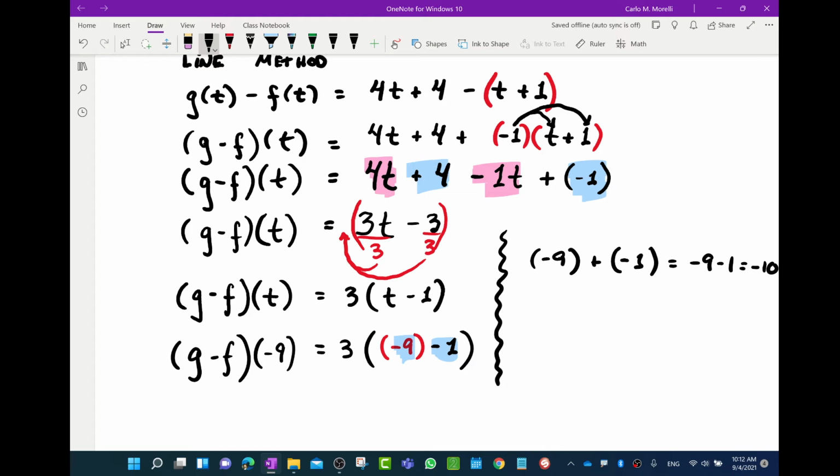I like to think that there is no such thing as subtraction. There's only the addition of negative numbers. I read that in an advanced math book one time. So we have the difference of functions g and f evaluated at -9 equal to 3 times -10.